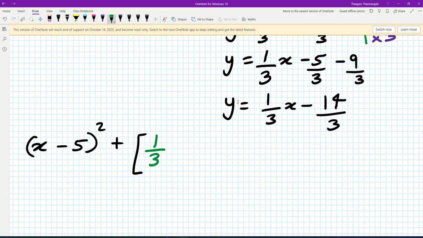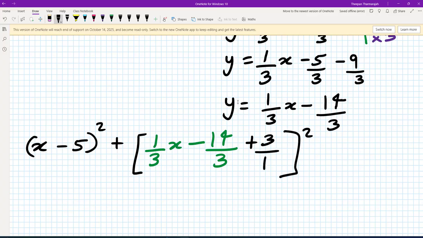So a third of x minus 14 over 3, and then we put a plus 3 here. This is 3 over 1, and it's squared, and it's equal to 10. We can only add and subtract fractions if we have the same denominator, so we're going to tidy up the algebra here.